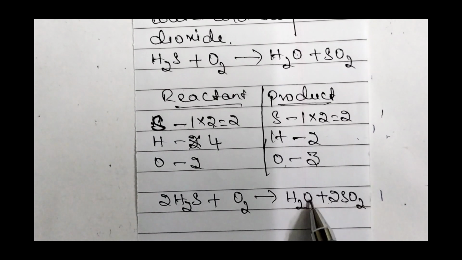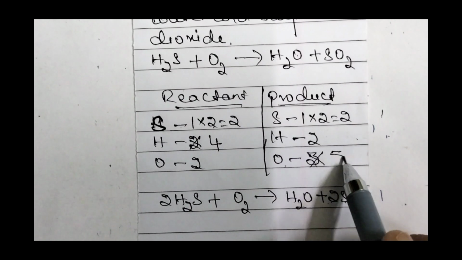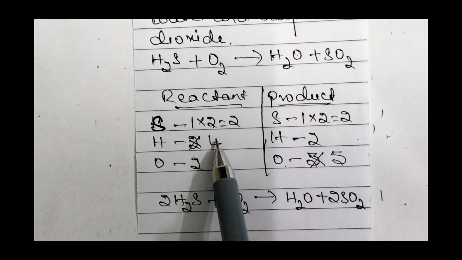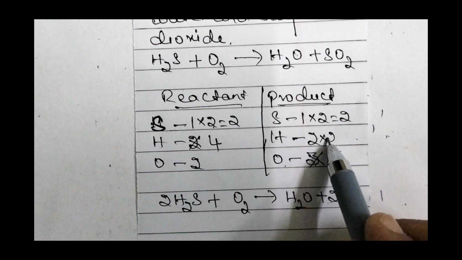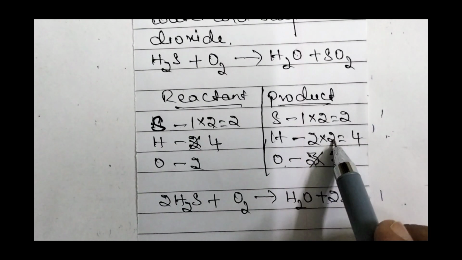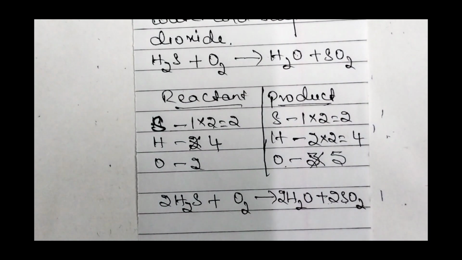4 plus 1, 5. Now you cut 3 and write 5 oxygen. Now hydrogen become 4, to make 4 equal to 4, this 2 is multiplied by 2, we will get 2 2s are 4. So this 2 we have to multiply here for hydrogen, so it will become 2H2O.